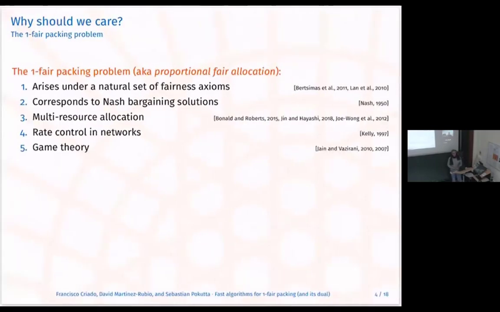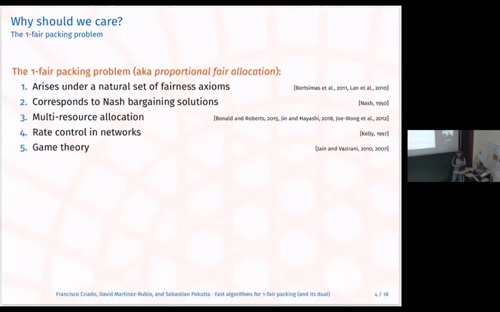Why should you care? Well, this problem naturally occurs in many different setups. For example, there is a certain setup of fairness axioms, and if you consider these axioms, then this type of packing problem arises as the natural optimal solution. This type of setup also very naturally occurs in the context of Nash bargaining solutions, or when you want to do resource allocation in, for example, data centers.